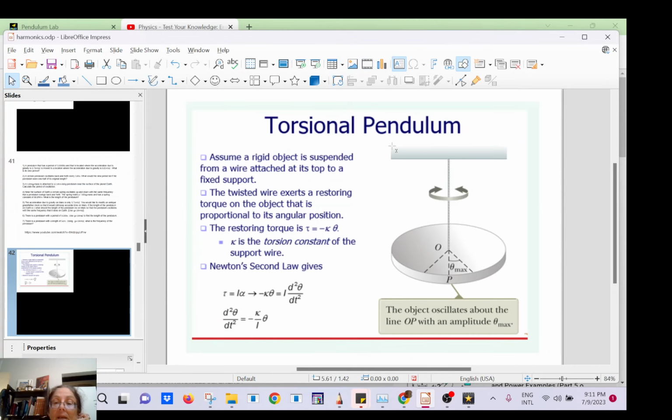So here is another type of pendulum called the torsional pendulum. It's when you can twist, right? So you can apply a twist here, you can apply a torque, and then you let it go and it oscillates about its equilibrium, back and forth, right? And you have exactly the same kind of equation of motion. You need to apply a torque to make the twist.